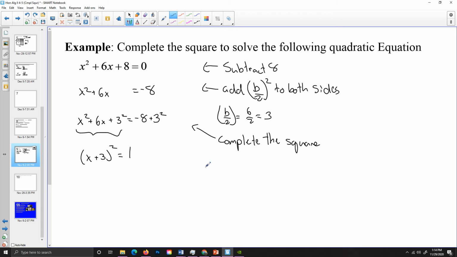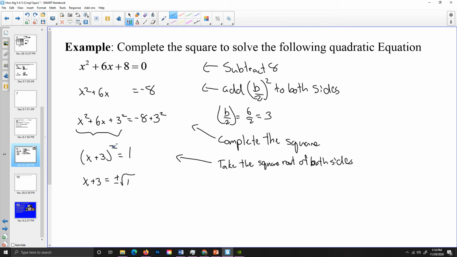So now I'm going to take the square root of both sides. And that'll give me x plus 3 equals plus or minus the square root of 1.